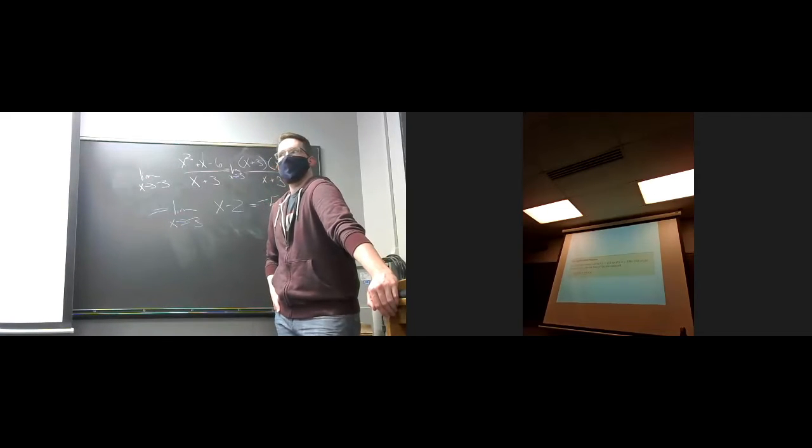We're saying that x squared plus x minus 6 divided by x plus 3 is identical to x minus 2 everywhere except for when x is equal to -3. So, because of this, the limit should be the same. Does this make sense to everyone? Yeah?